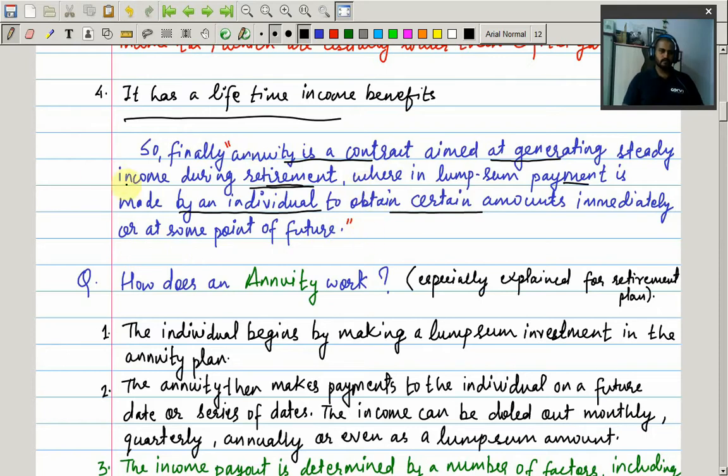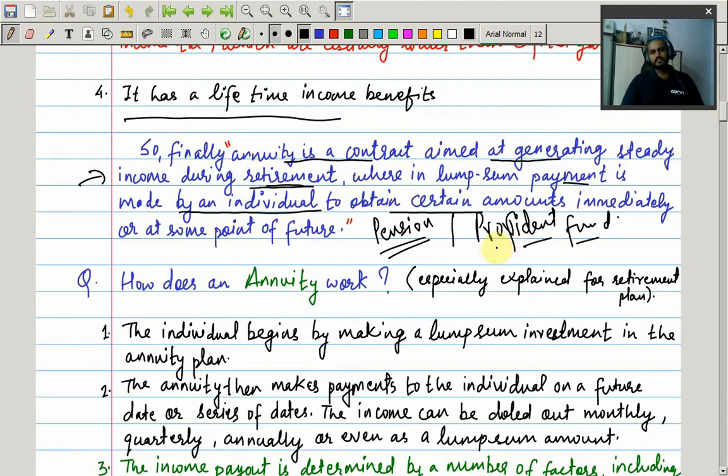If you read this paragraph again, you will feel that this is some pension plan, or PPF, or provident fund.